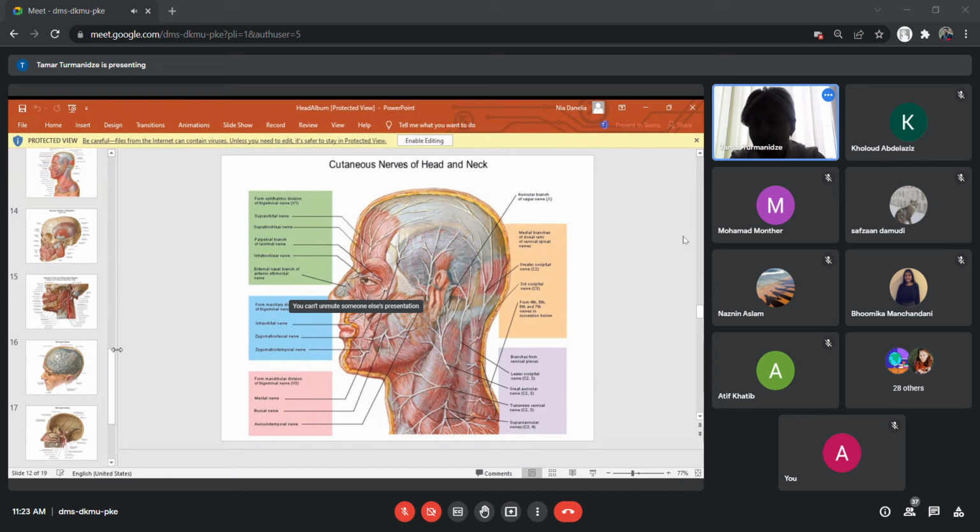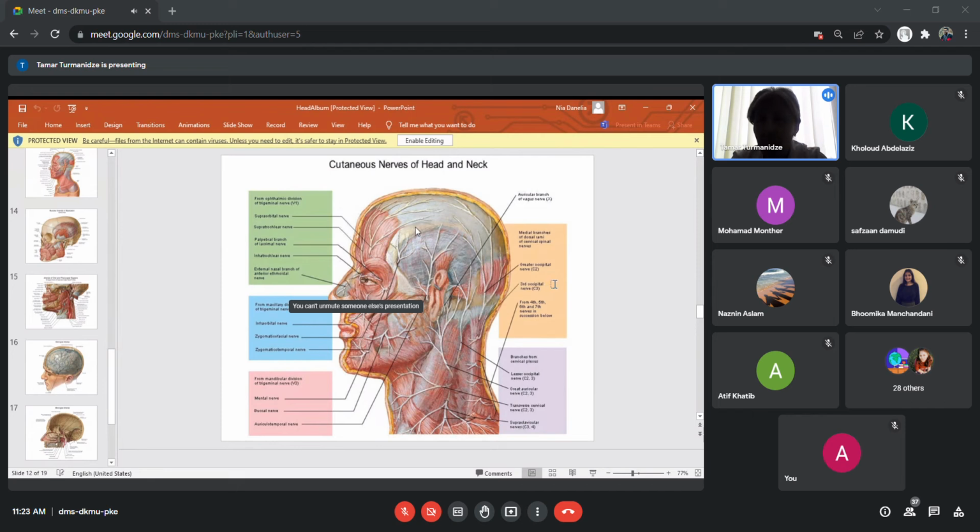Also in this layer, we have vessels and nerves, and we have valveless veins, which are called emissary veins. These emissary veins are connected to the superficial veins of the subcutaneous fat tissue, and they also communicate with the diploic veins, which are located in the diploic layer of the bone, through the venous sinuses, which are located in the cranial cavity.